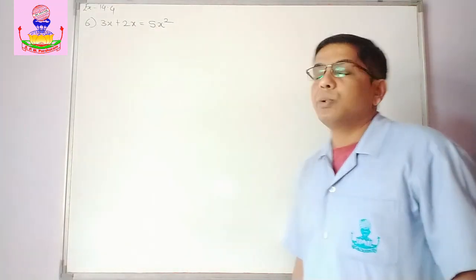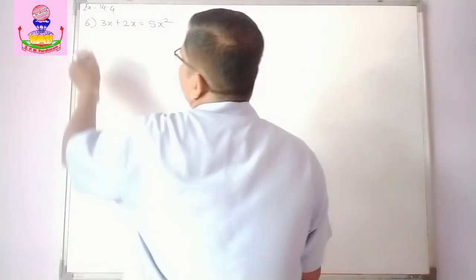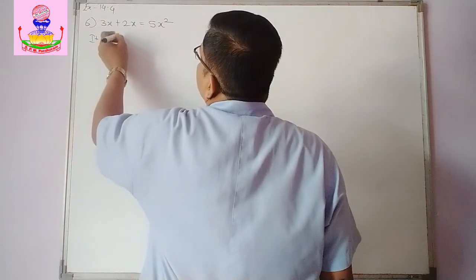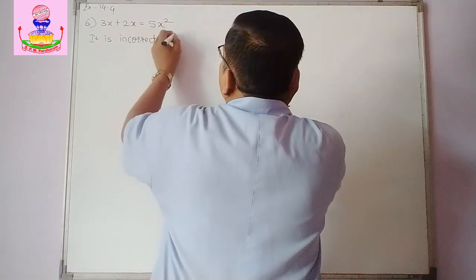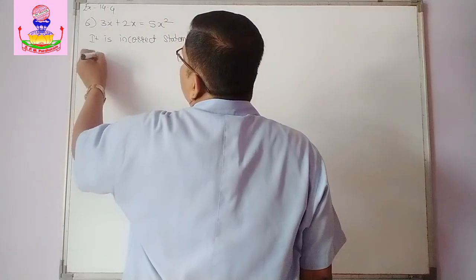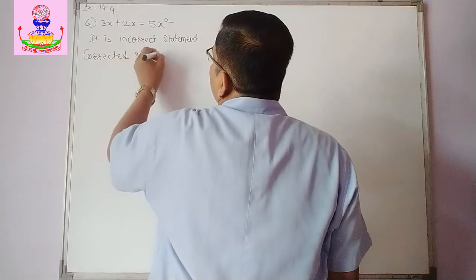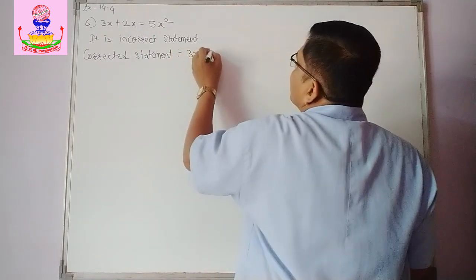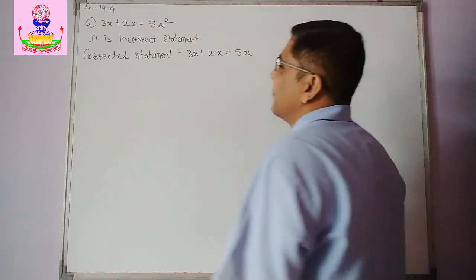Now see the sixth one, 3x plus 2x is equal to 5x square. Yes, again it is an incorrect statement. So the corrected statement: 3x plus 2x is equal to 5x.